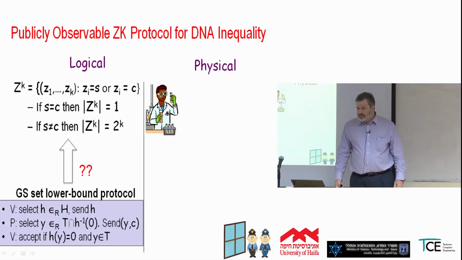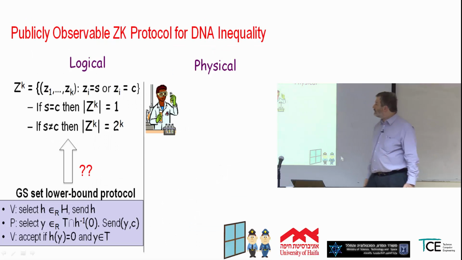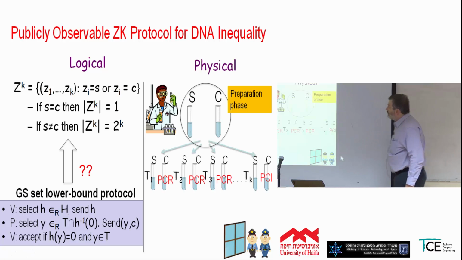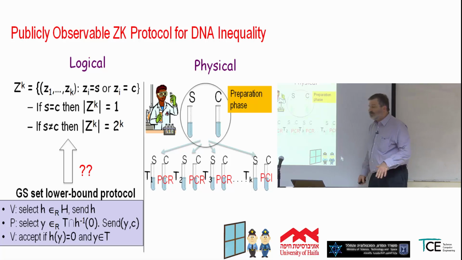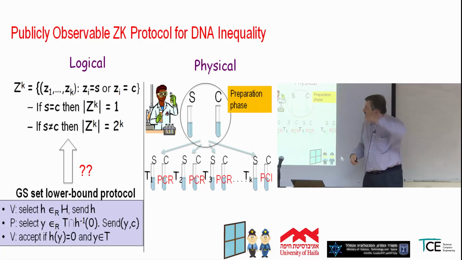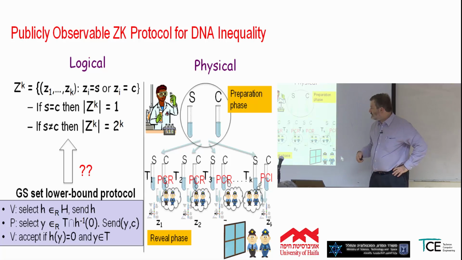So now, what are we going to do here? We want to look at the physical analog. We'll have the preparation phase. We can easily physically duplicate things; that's not much of an issue because we can have several tubes.